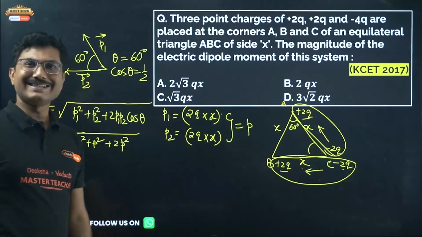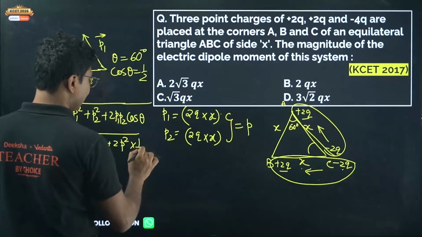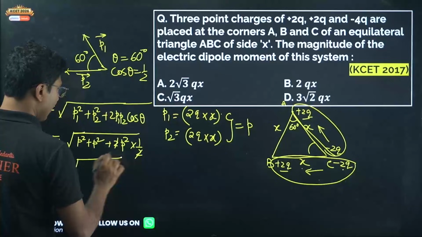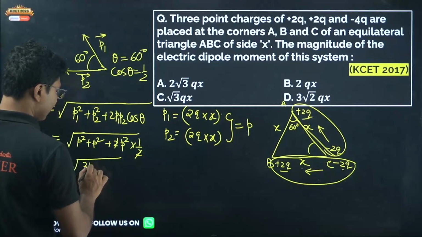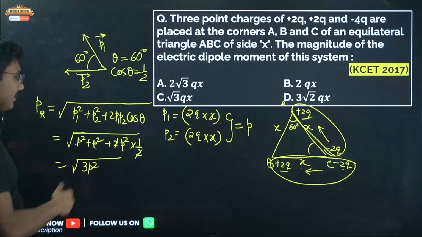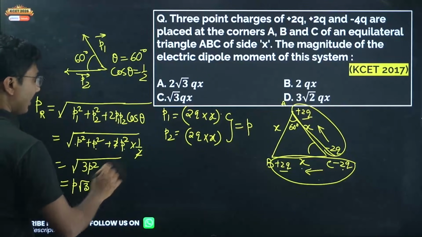Cos 60 is half, not root 3 by 4, as some of you might be saying. So the half cancels and everything is addition. So it will be 2 plus 1, 3p square. P square plus p square plus p square, right? 3p square. So it will be p into root 3. Now what is p?